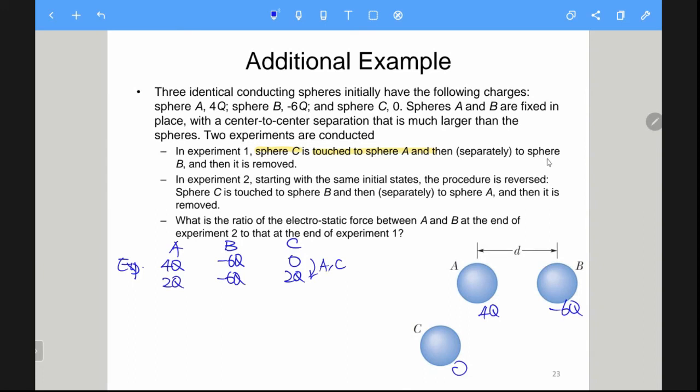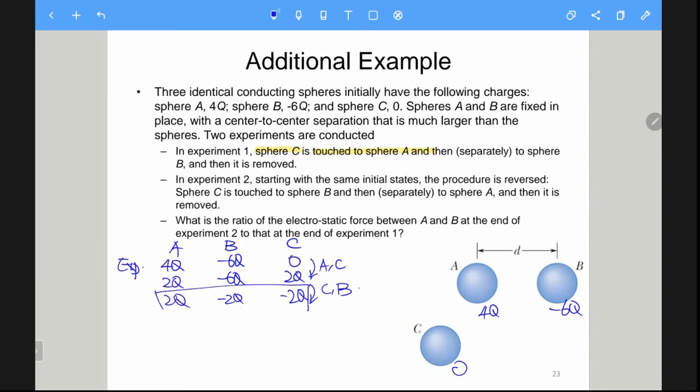Then sphere C touches sphere B. So the next step is C and B touch and separate. Minus 6Q plus 2Q is minus 4Q, equally distributed to both of them, so it becomes minus 2Q here and 2Q here.